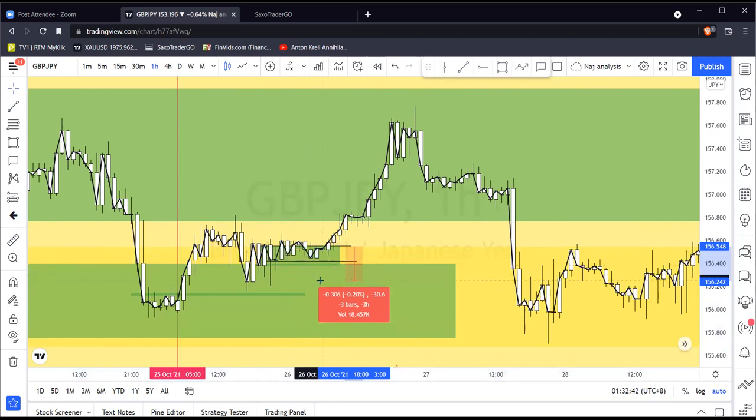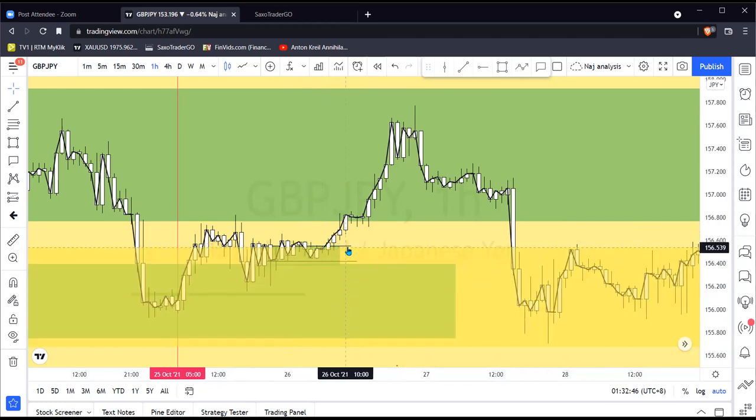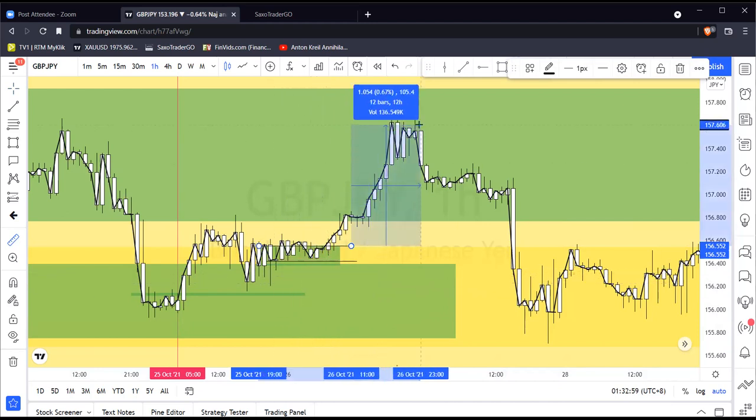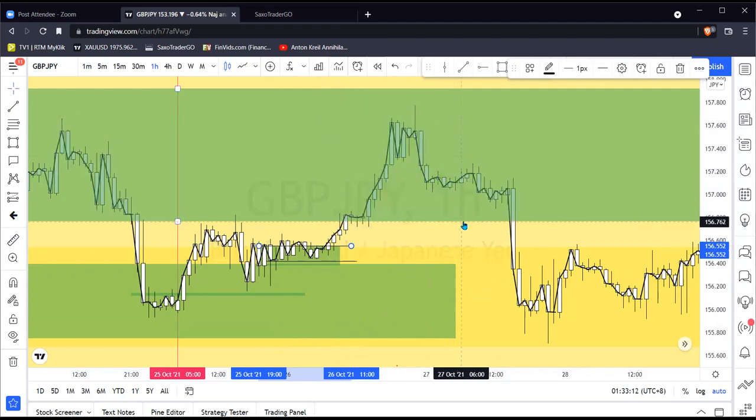It doesn't actually reach your SL. And let's say assuming you put your POs here, your risk is 30 pips, it doesn't touch your SL and it actually flies 100 pips. So if you ask me, that's a really good risk and reward ratio, right? Yeah, 1 to 3, that's right.